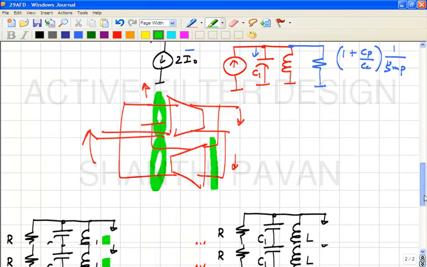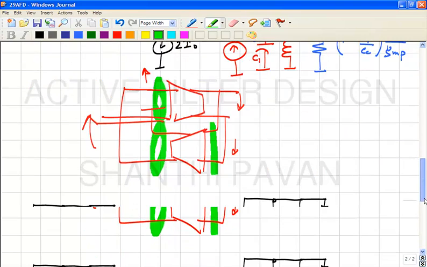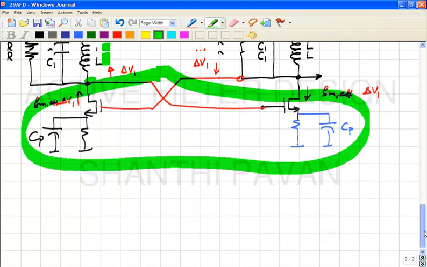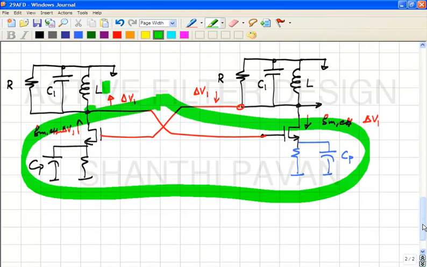So the bottom line is that it is not just sufficient to design a transconductor and make sure that its output common mode is stable with whatever phase margin you want.